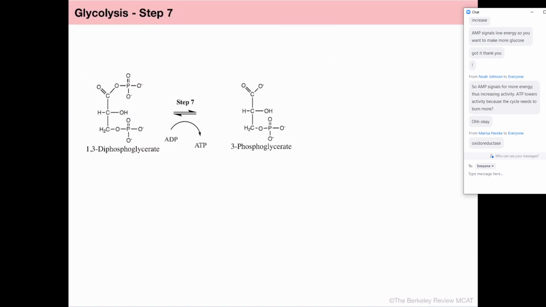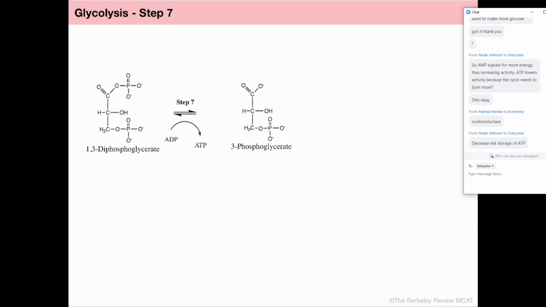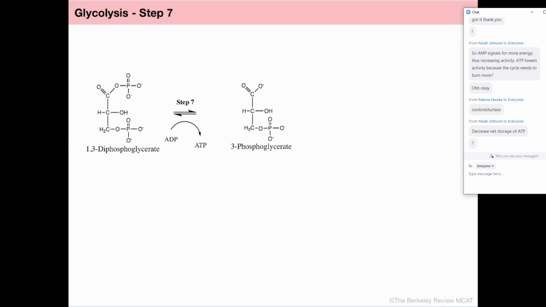Okay, step 7. So this is the break-even step. This is phosphoglycerate kinase. Again, kinase is the transfer of a phosphate group, and so we transfer it back onto ATP.